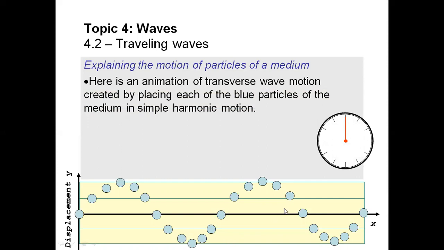When we move one end of the spring or rope up and down, we will produce a transverse wave. Now let's assume this rope or spring consists of many particles, and we will show these particles by blue circles. Let's see how these particles are moving in a transverse wave.